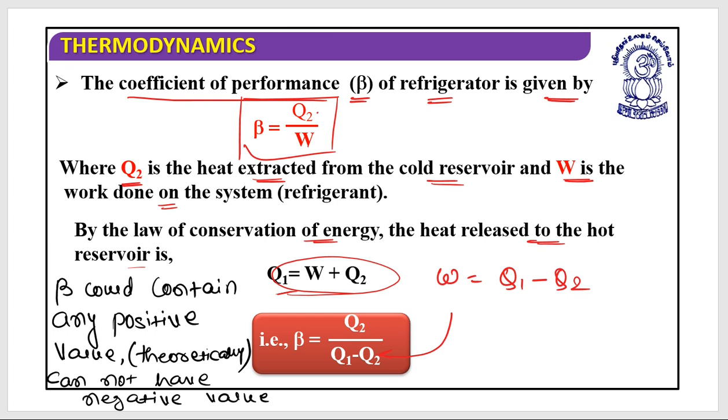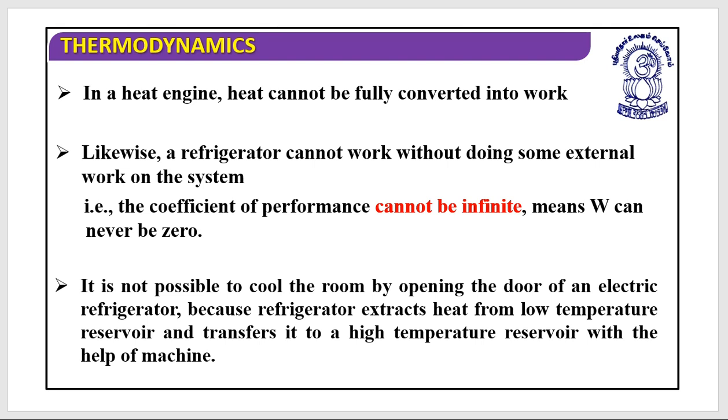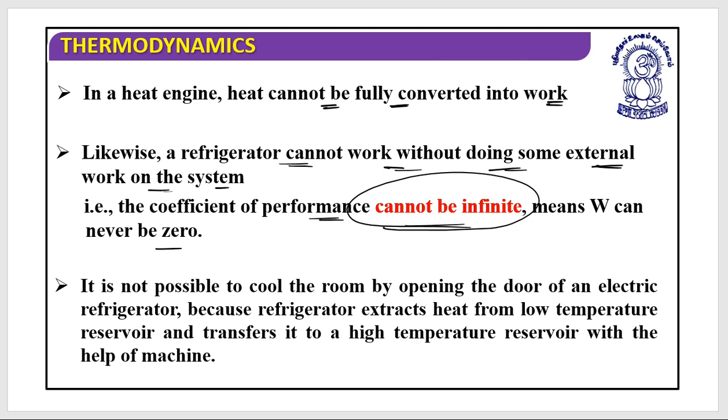Next, in a heat engine, heat cannot be fully converted into work, as we discussed with Q2 equals 0 and T2 equals 0. Likewise, a refrigerator cannot work without some external work being done on the system, and that's why the coefficient of performance cannot be infinite. That means the work done on it cannot be zero.